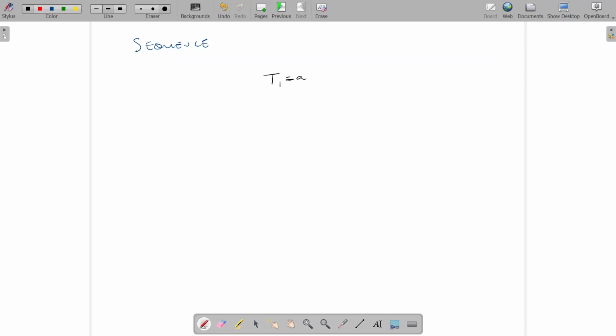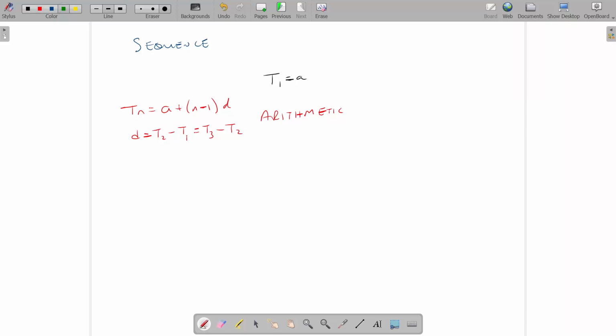If the thing is arithmetic, Tn equals a plus (n minus 1)d, where d equals T2 minus T1 equals T3 minus T2.